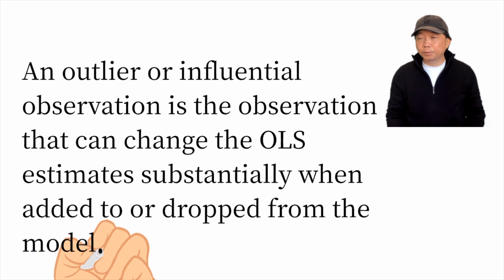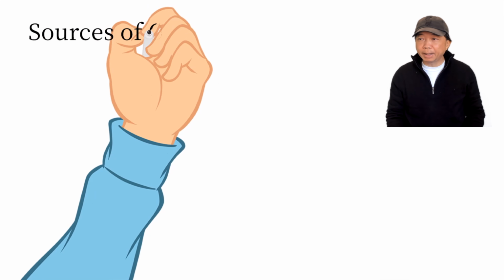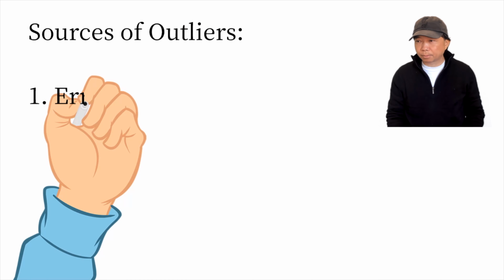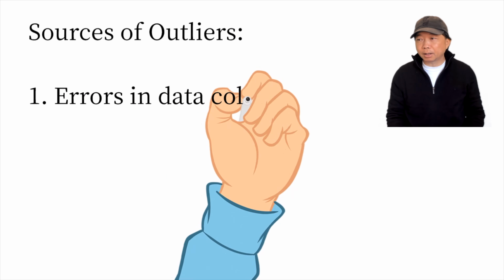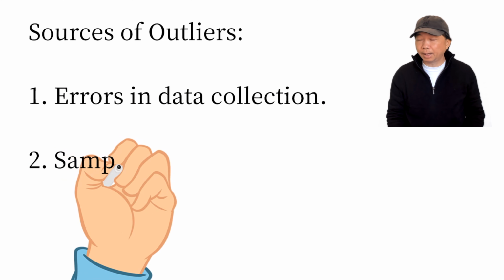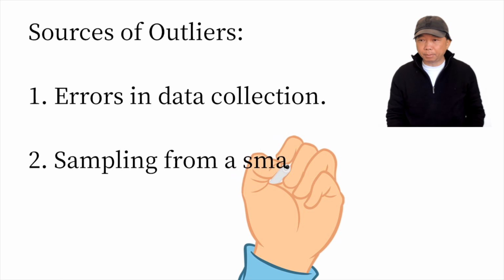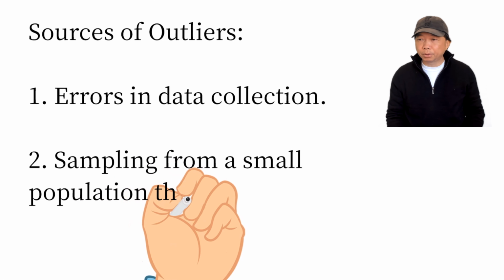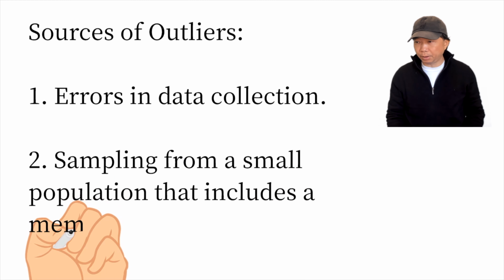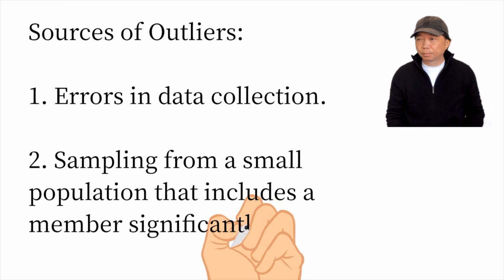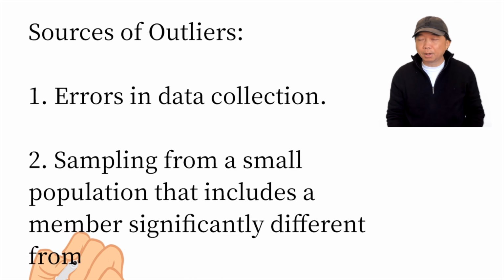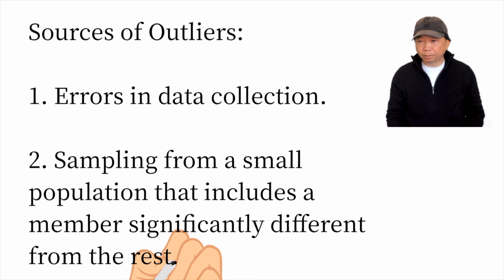Outliers or inferential observations can arise from two main sources: errors in data collection and sampling from a small population that includes a member significantly different from the rest. When outliers are due to mistakes in data entry, they should be removed.